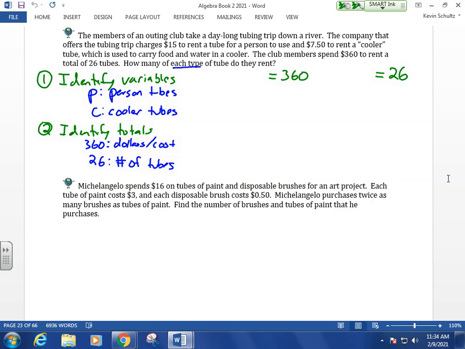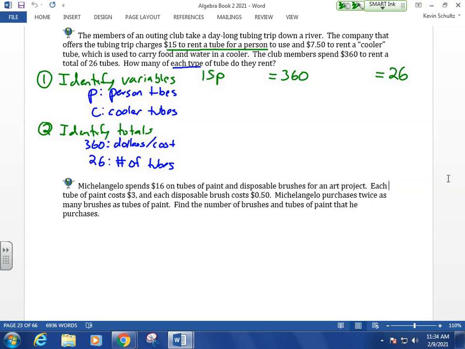All right. So, which one would you like to start with? Who wants to take a stab at filling in the missing pieces here? I didn't say who didn't want to. I said who does want to. Julia? Good. Yep. $15 for a person tube. So every person tube that we rent is going to cost us $15. 15 times P. Okay.